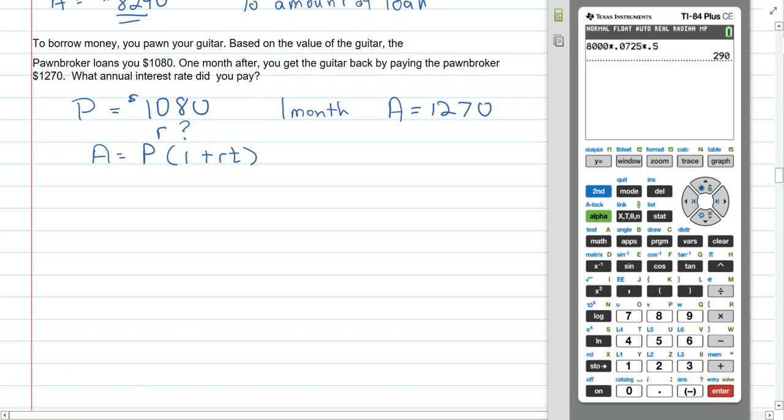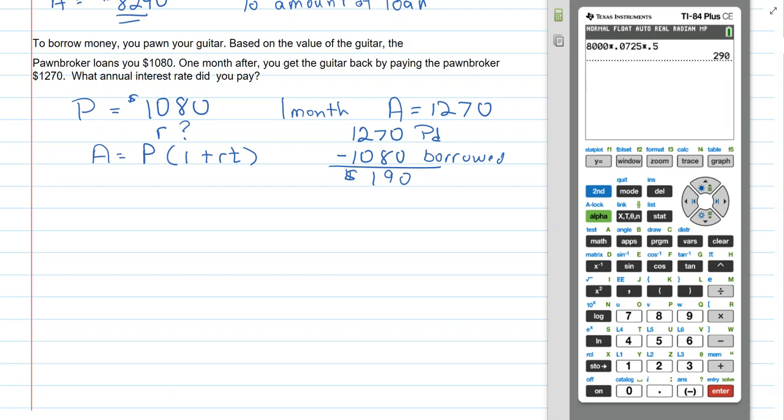Now understand that we already know that the interest paid for 1 month is going to be $190 for that guitar to be loaned out for that 1 month.